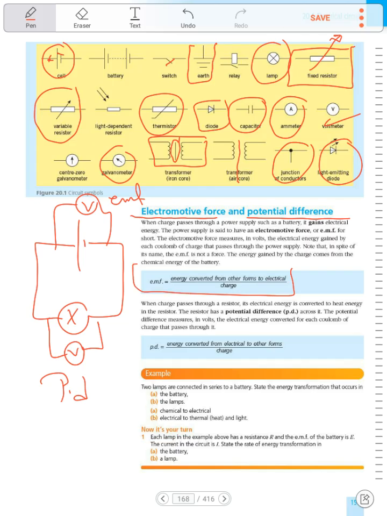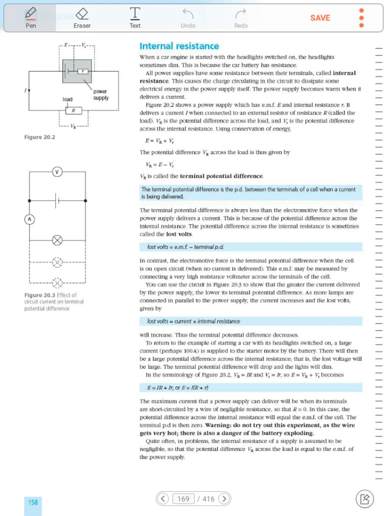Electromotive force is the energy converted from other forms to electrical, per unit charge. Potential difference is the energy converted from electrical to other forms. So this is from the power supply and this is inside the device.